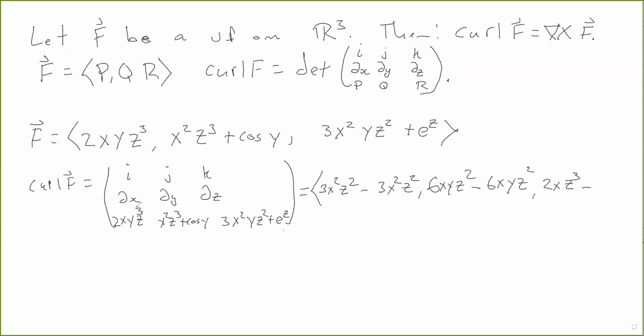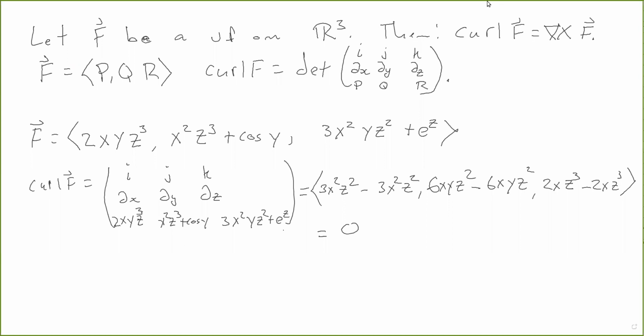And the derivative of this with respect to y is 2xz cubed. Okay, and this is equal to 0 because all of these terms are equal to each other. So this is equal to the 0 vector. Okay, so this tells us that f is conservative.